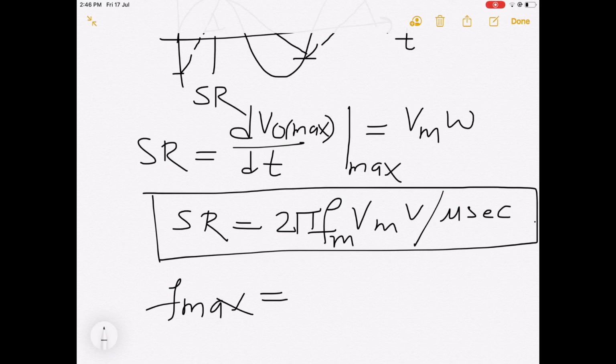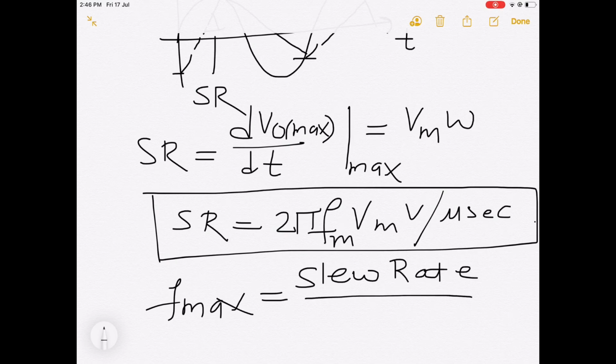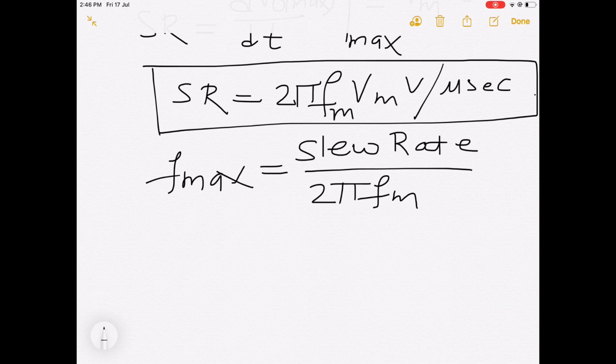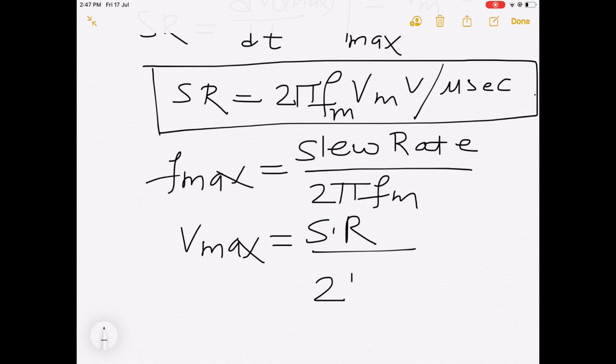So from the data sheet you get the value of slew rate, and from slew rate you can calculate f max: slew rate upon 2 pi Vm. The maximum peak sinusoidal output voltage that can be obtained at a frequency of f is given by V max equal to slew rate divided by 2 pi f, or omega.